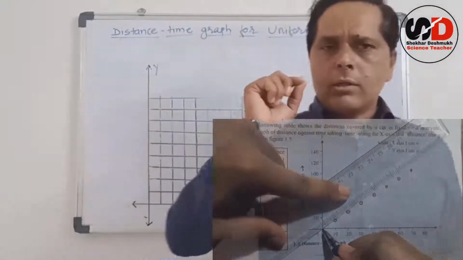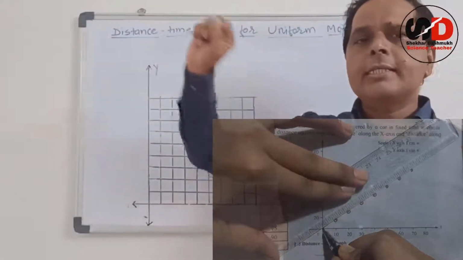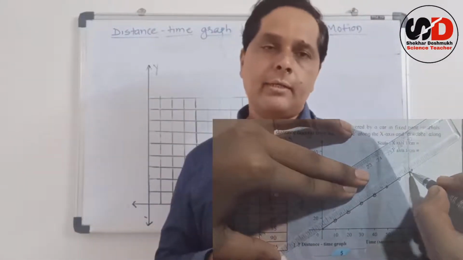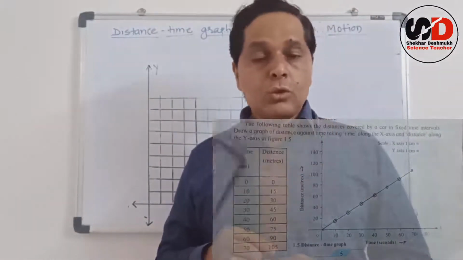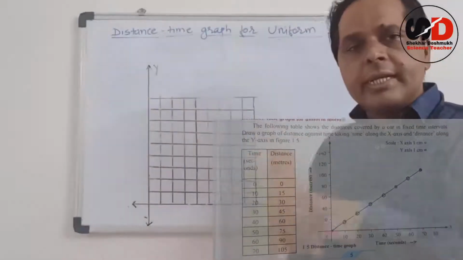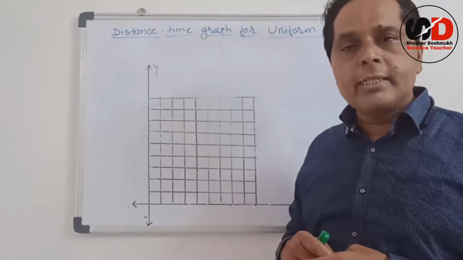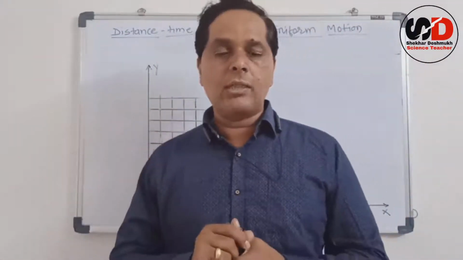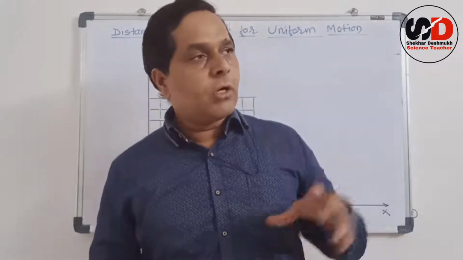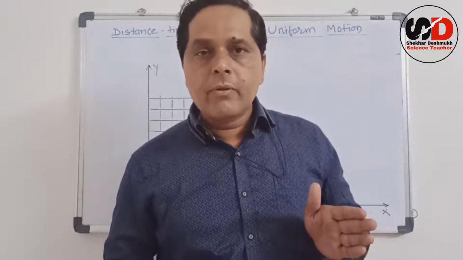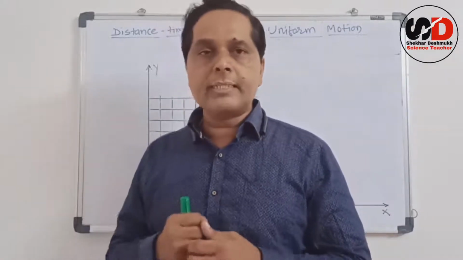and try to join all these readings which we have taken. So you can find that it must be a straight line. That means all these points are on a line. That means they are linear. All the points are linear, and therefore this graph is nothing but a straight line. And what is the meaning of that straight line?